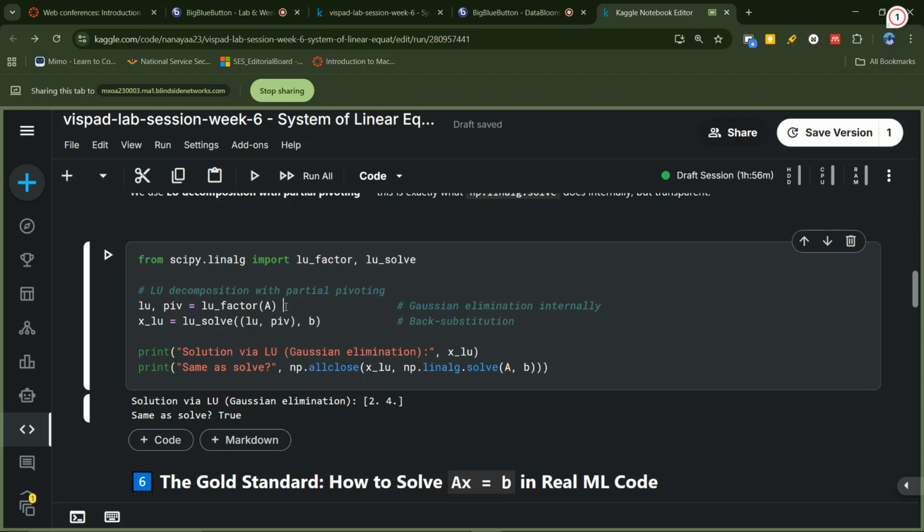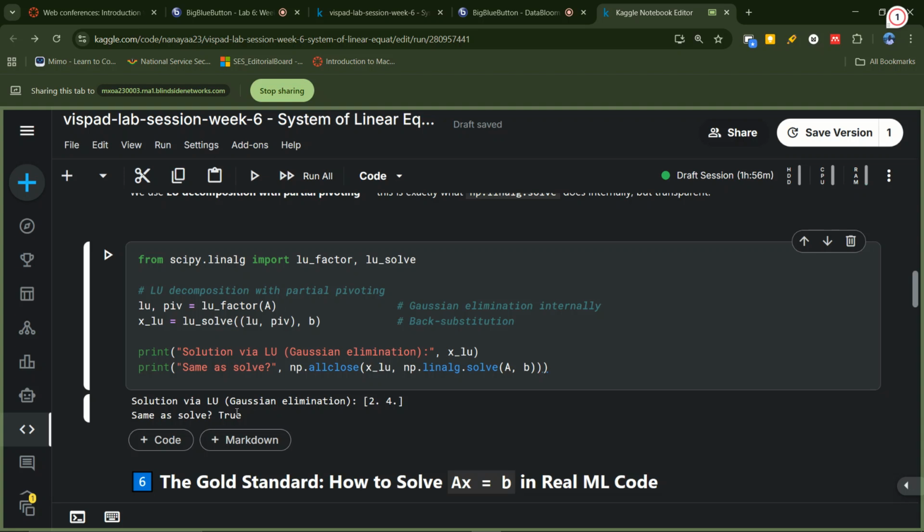You see, this makes life easier for us. If you joined last week's lab, you realize that we were doing a lot with just Python, trying to understand what Python really does. But once we have Python libraries, it makes our life easier and makes it easier to understand what exactly is happening, right? So we have this expression over here, which is trying to do Gaussian elimination internally. Then the next one is trying to do backward substitution.